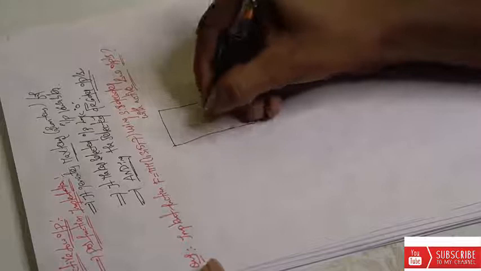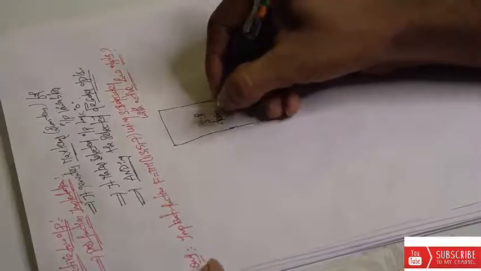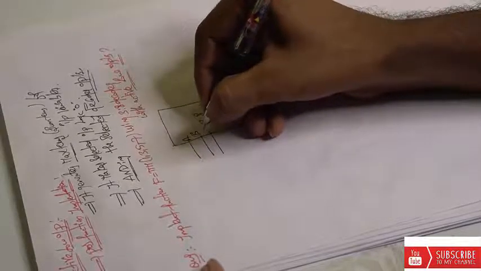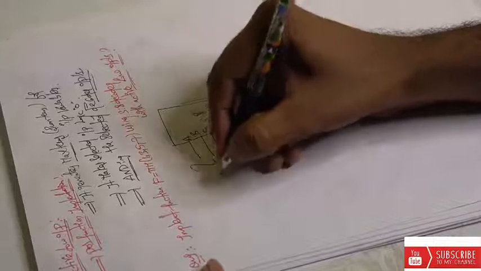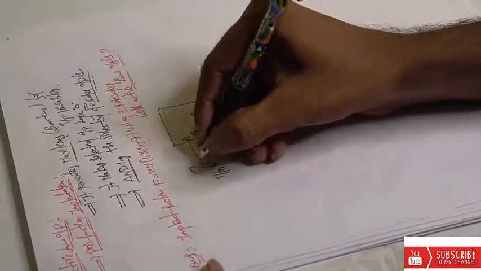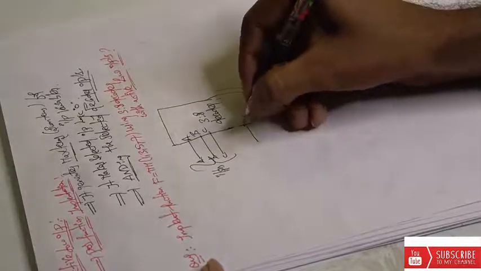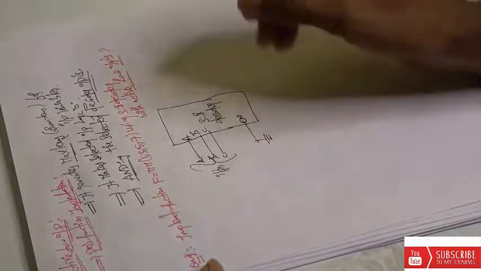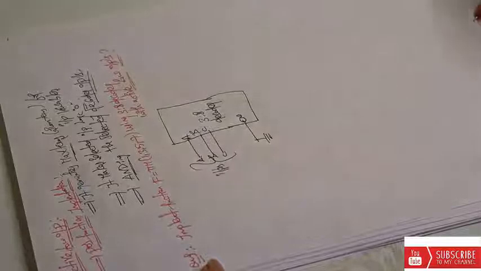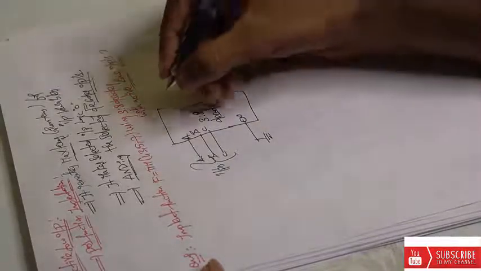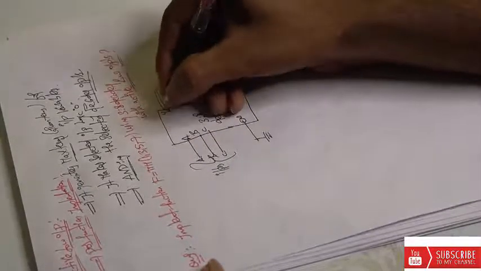We will make the 3:8 decoder. This will be the inputs A, B, C. This will be the enable, and here you will get the Y naught.